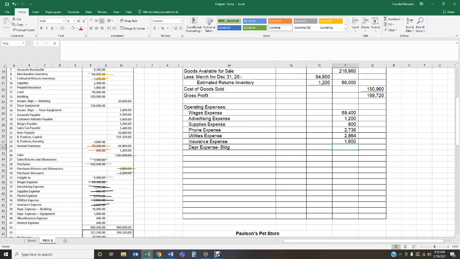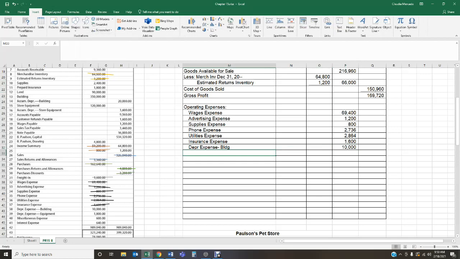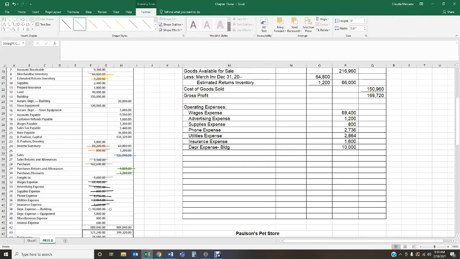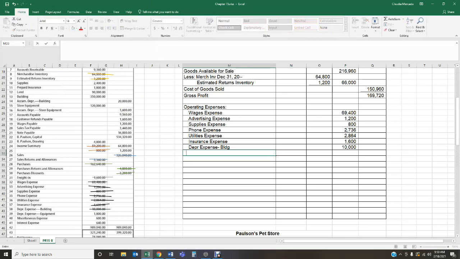My depreciation expense for the building is $10,000. So remember, we're just picking up all of our expenses. Then we have depreciation expense, and this is for the equipment, and that is $1,800.